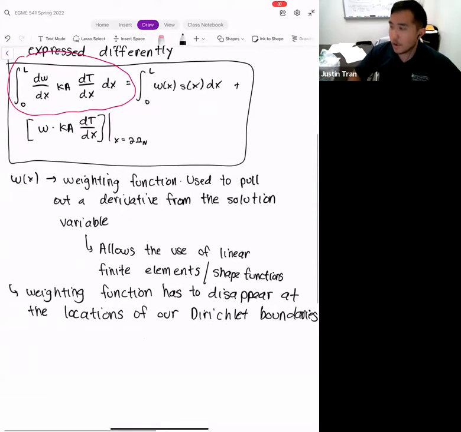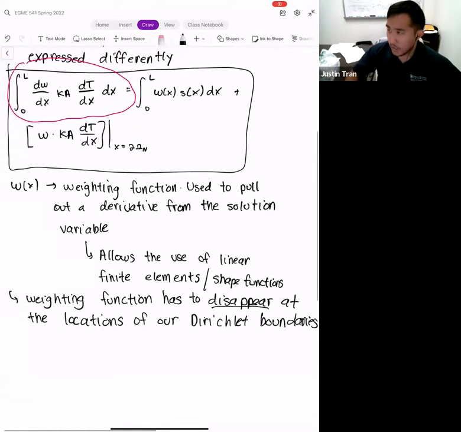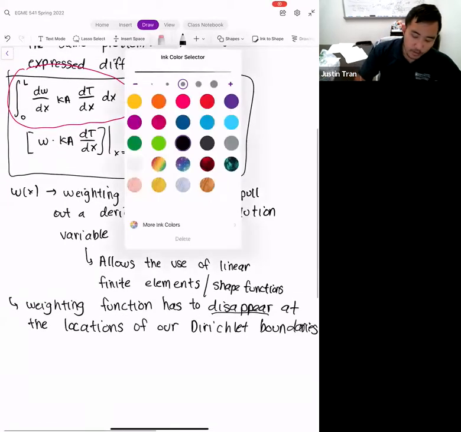And by disappear, all I mean is that it has to equal 0. Because what you'll notice from the weak form is that one nice feature is, if you look at this term right here, and I'll circle it in green.